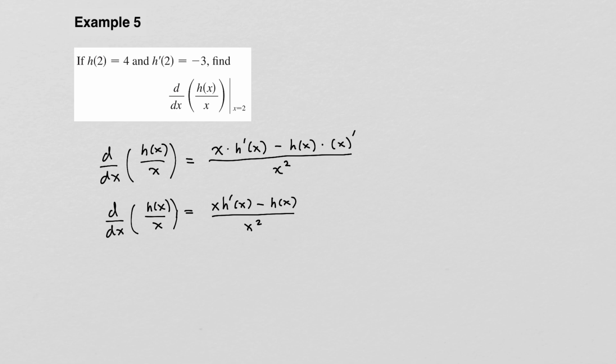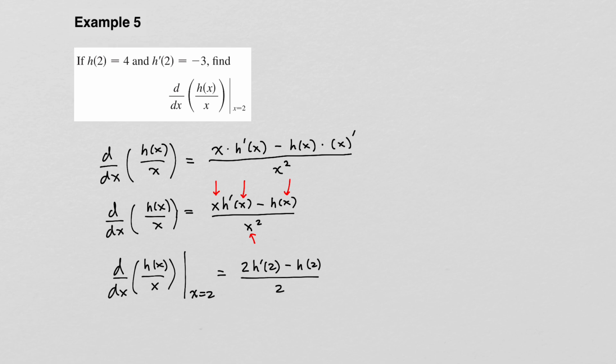Now, the second part of this is we're going to plug in x equals 2. So the derivative with respect to x of h of x over x evaluated at x equals 2 means we're just going to plug 2 everywhere you see an x here. So that's going to give us 2 times h prime of 2 minus h of 2 divided by 2 squared.